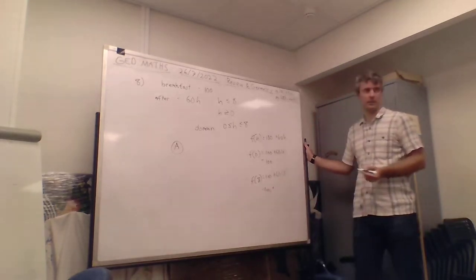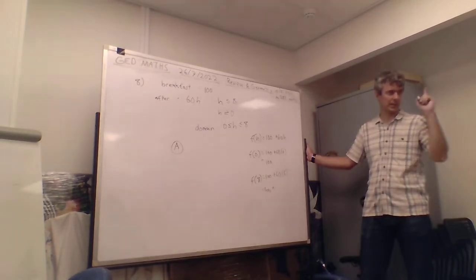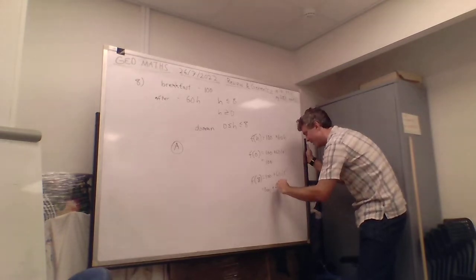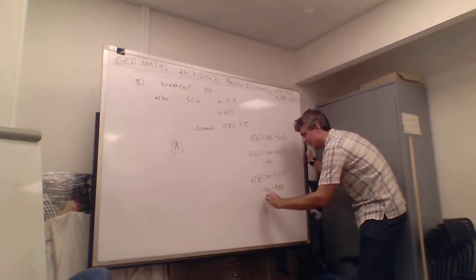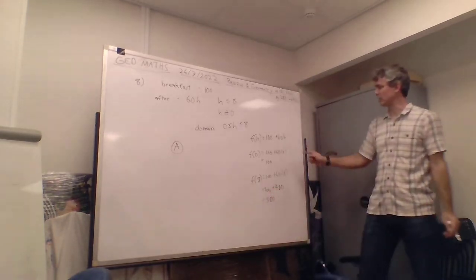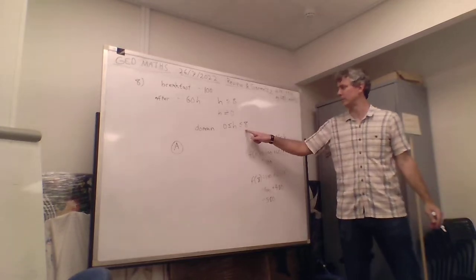What's 60 times 8? 480, sorry, yes. That equals 580. So the range is basically between these two, because the domain is these two.